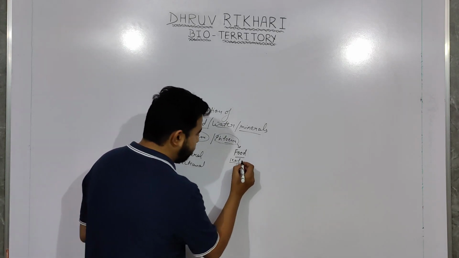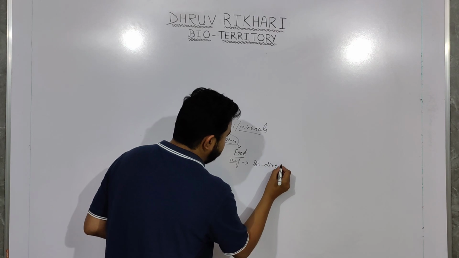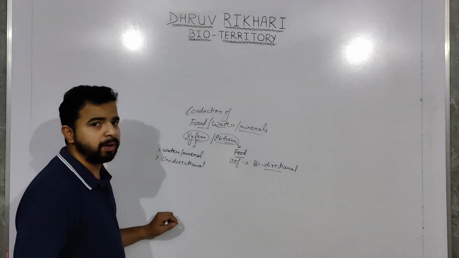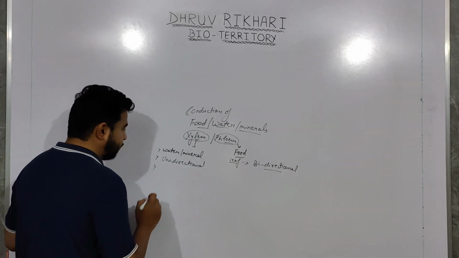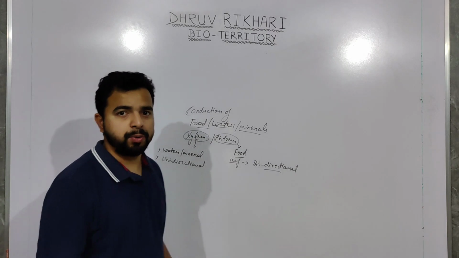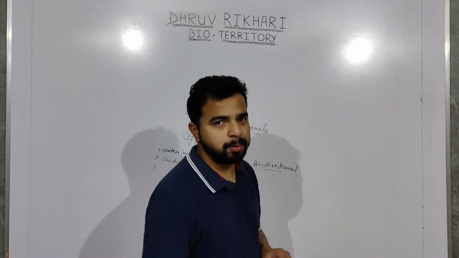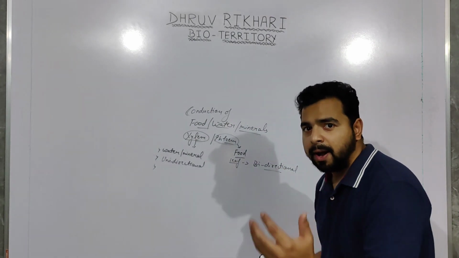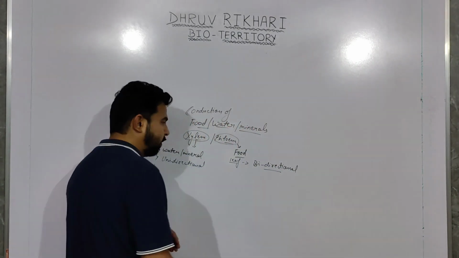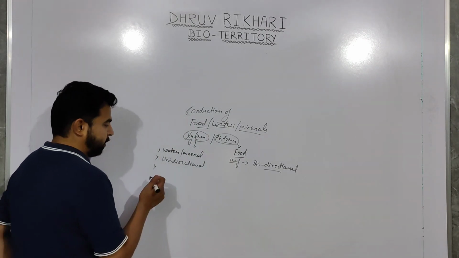And from there, it gets transmitted to all parts of the plant, and we call it bidirectional, both in upward and downward direction, right? So in phloem tissues, the products which are getting transported require energy, right? So they require ATP, whereas xylem does not require an energy source for the transmission.